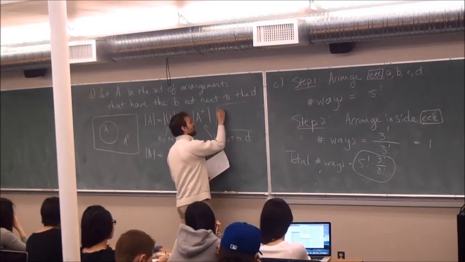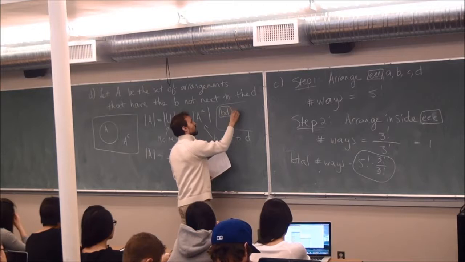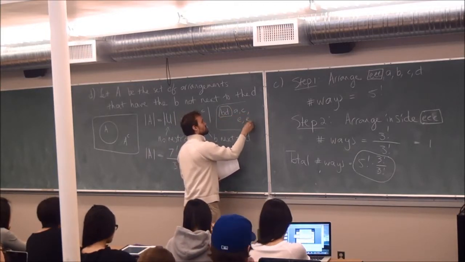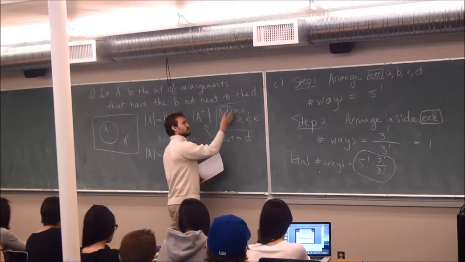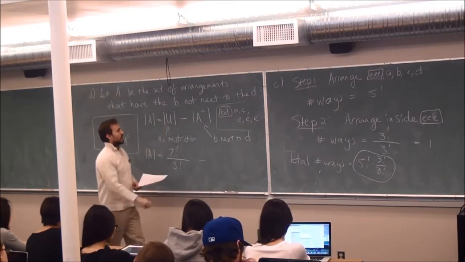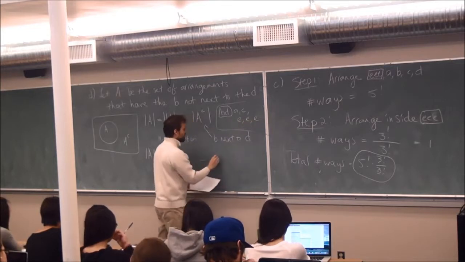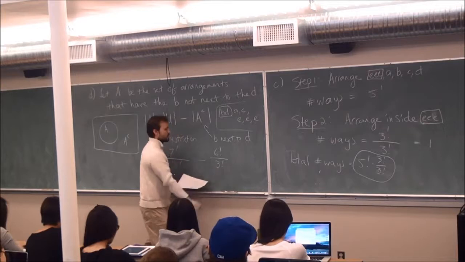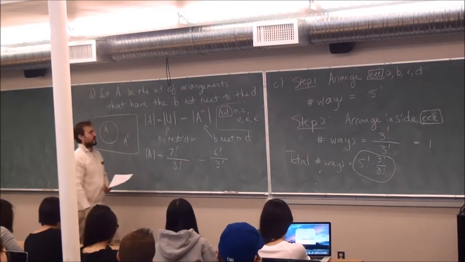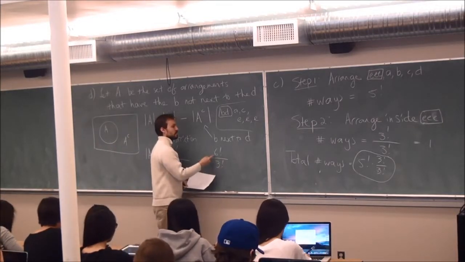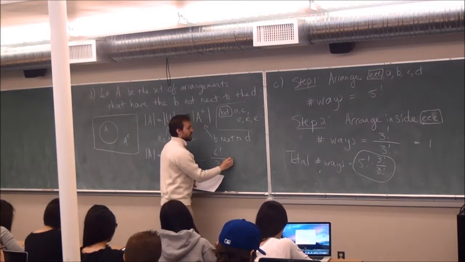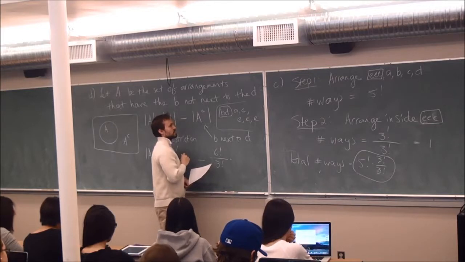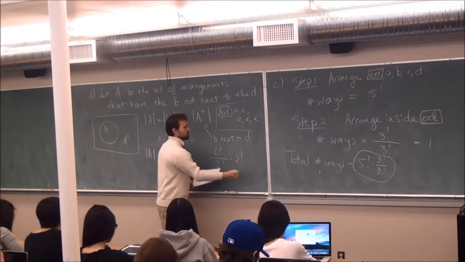If I glue them together, I have a B and a D. I have the A, B, C, and 3 E's. Good to just write down. Okay, these are my new letters. I have 1, 2, 3, 4, 5, 6 of them. Are there any identical ones? Yes, the 3 E's. But I'm not done. That was just my first step. I have to follow that by the second step, which is arranging inside the super letter, 2 factorial.